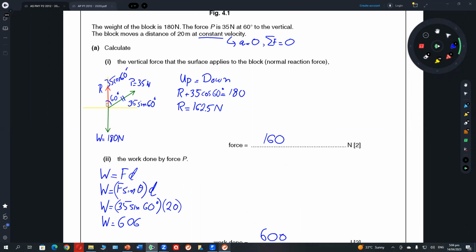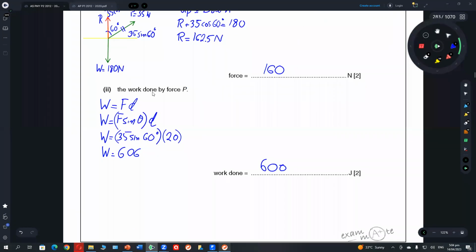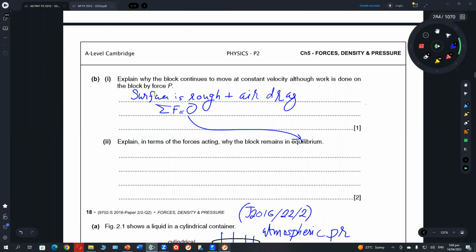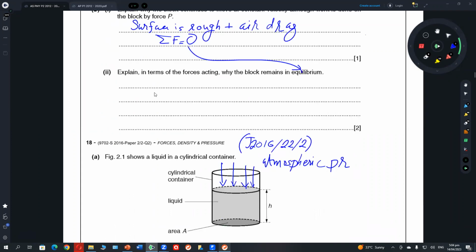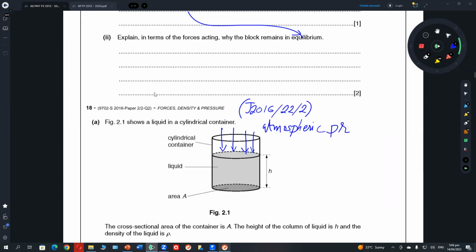Then the examiner says find the work done by the force P. Work is equal to force into displacement. I took F sine theta because it is in the direction of the displacement. Then, the block continues to move at constant velocity means that the forward force is equal to the backward force. While the block remains in equilibrium, the resultant force is zero.